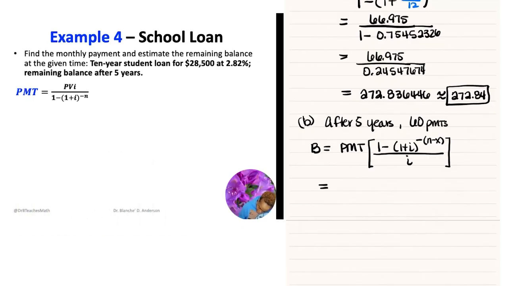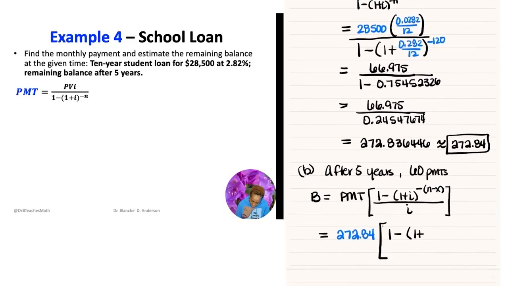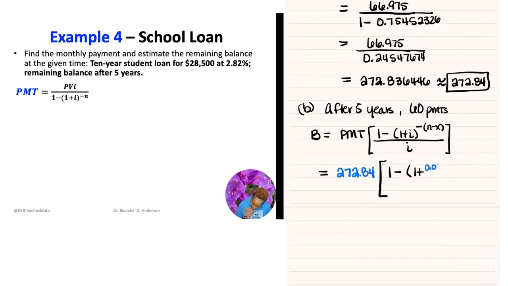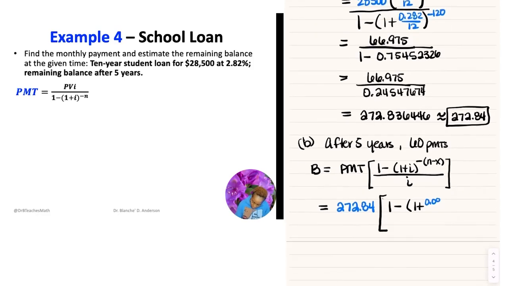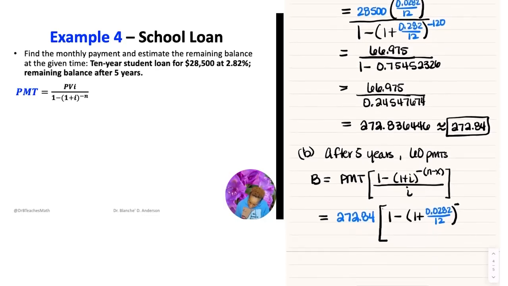So we found that our payment was $272.84, right? And then we have 1 minus 1 plus our same interest rate, this 0.0282 divided by 12, to the minus, our N was 120.